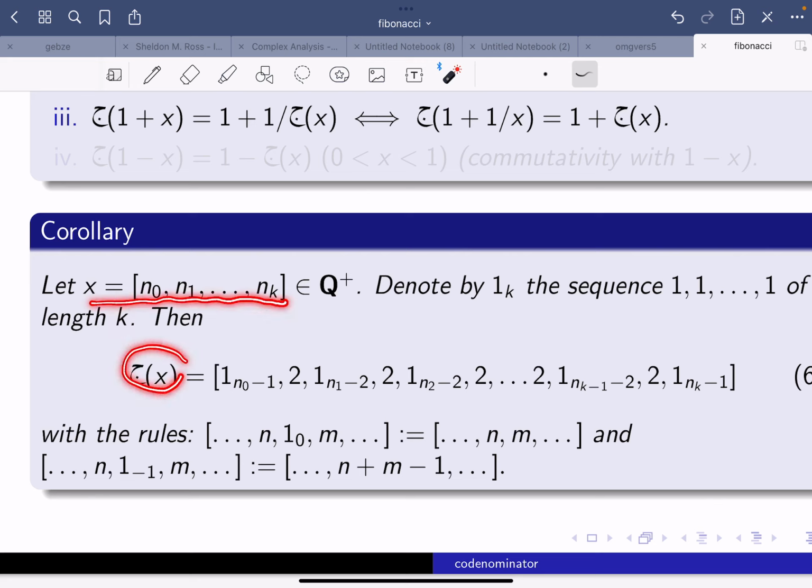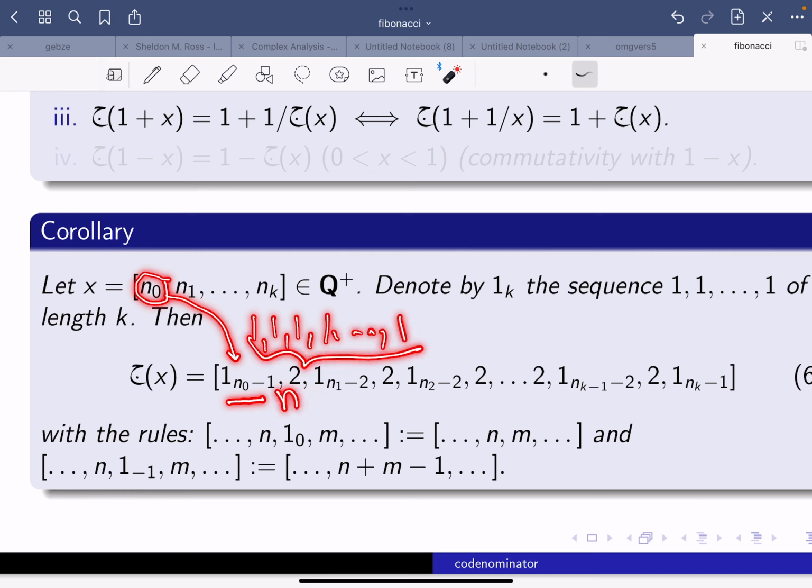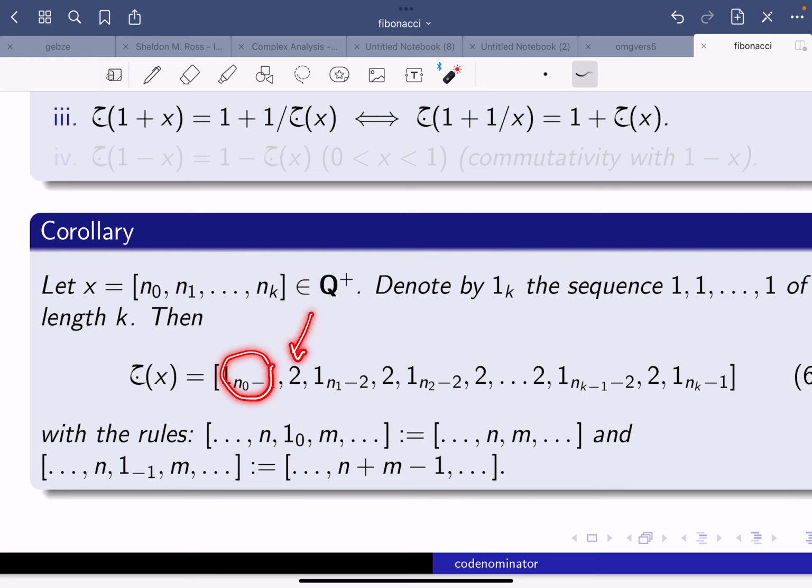To find Jimm of x, what do we do? Instead of n_0, I write n_0 minus 1 ones, and then I put 2.